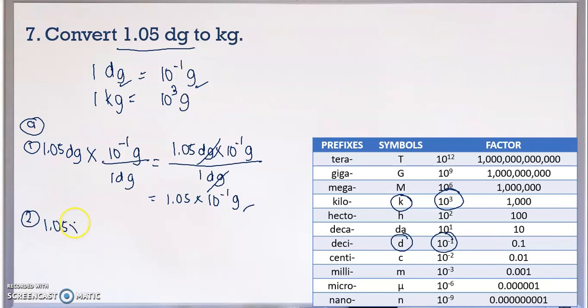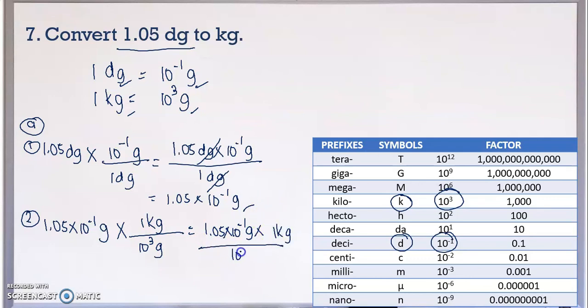1.05 times 10 raised to negative 1 gram multiplied to the fraction of the second conversion, which is 1 kilogram over 10 raised to 3 grams. Combining the terms, 1.05 times 10 raised to negative 1 gram times 1 kilogram divided by 10 raised to 3 grams.